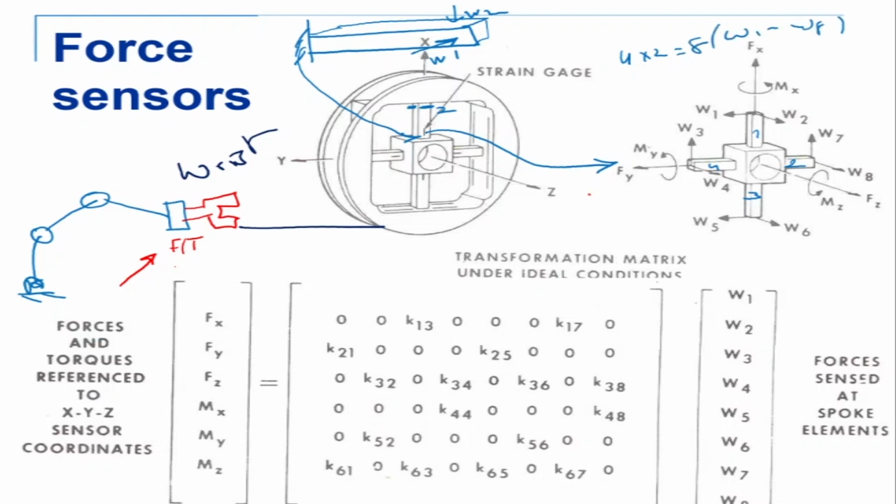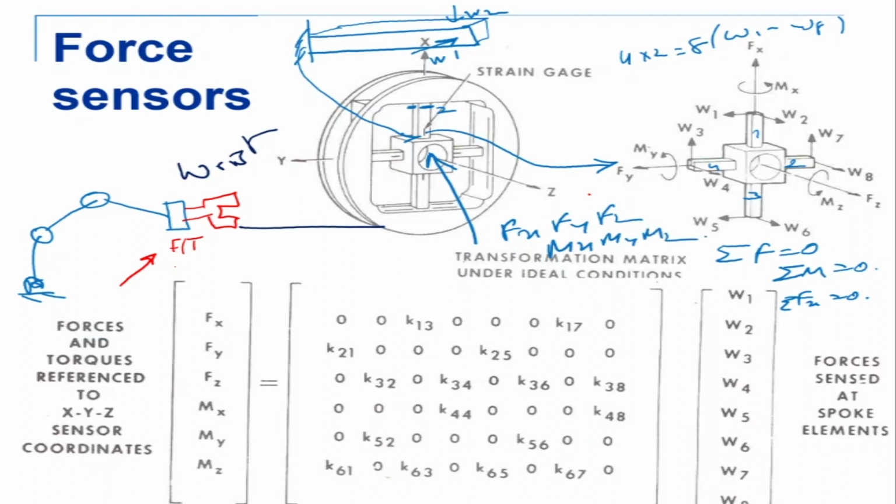Now, for static equilibrium, we know that sigma F must be equal to 0 and sigma M must be equal to 0 also. We take one at a time: Fx, Fy and Fz. The first one is sigma Fx equal to 0, which means that all forces in the x direction are equal to 0. In the center, if I apply my Fx, Fy and Fz, Mx, My and Mz, I need to find the relation between these and the forces which are acting here.